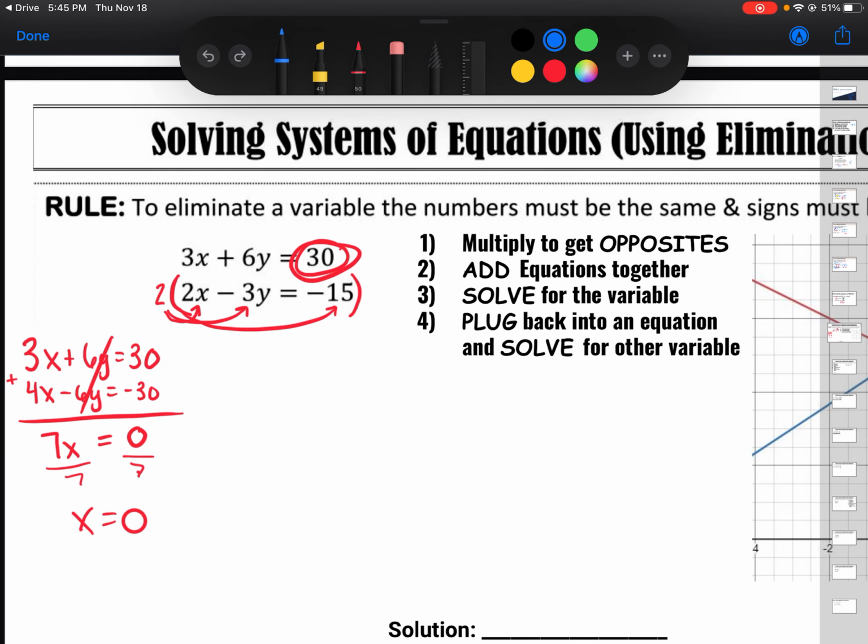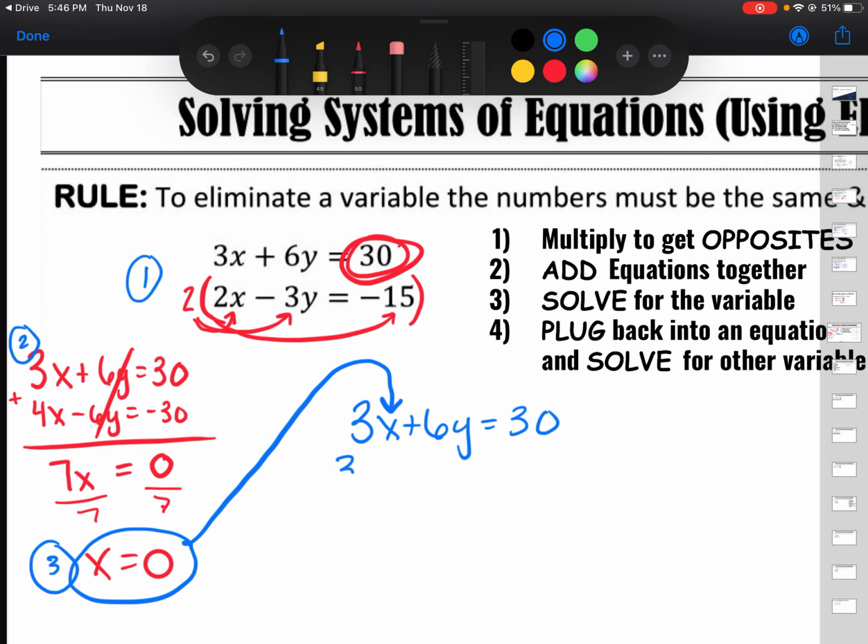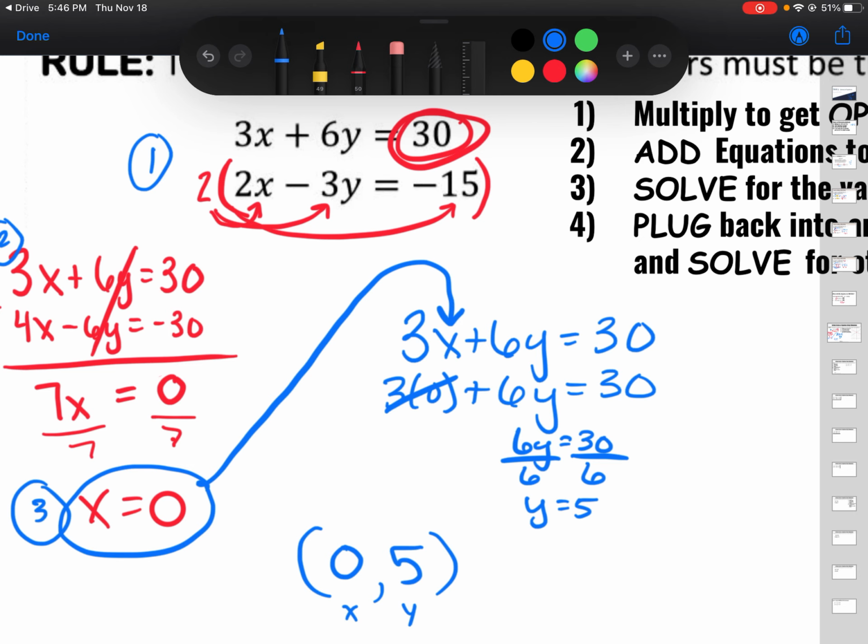I know that x is 0, so it's going to go in here. 3 times 0 plus 6y equals 30. 3 times 0 is 0, so 6y equals 30. Divide by 6, so y is 5. Last step is to write my ordered pair. It should be x, y. So 0, 5.